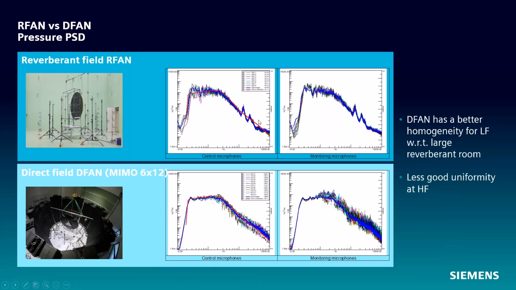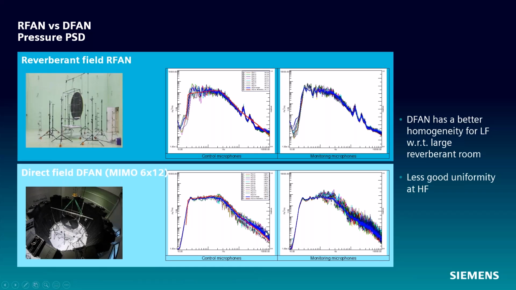Another comparison that's often made is you have this reference signal in red here, and you can see DFAN has much better homogeneity at the lower frequencies and a little less uniform at these higher frequencies. However, one can argue that the lower frequencies are creating most of the damage.